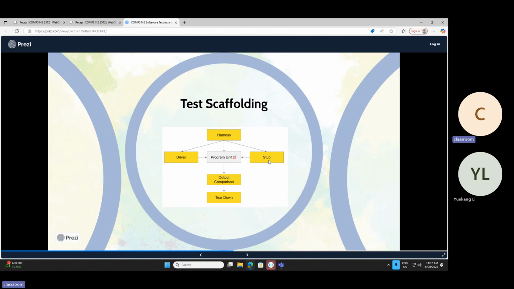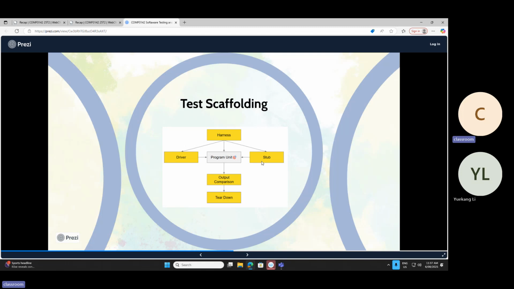So do you still remember the differences between drivers and stubs? Like drivers are basically providing the context for us to execute the target unit, right? And stubs are more like some mockups for some unimplemented features, right? Or some features that we don't care about when we do testing.